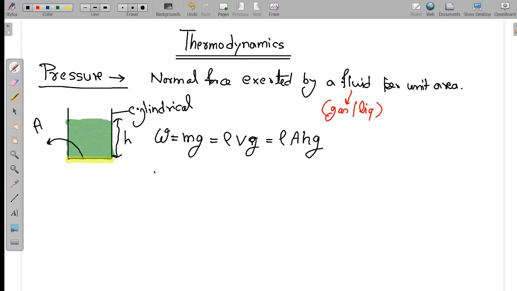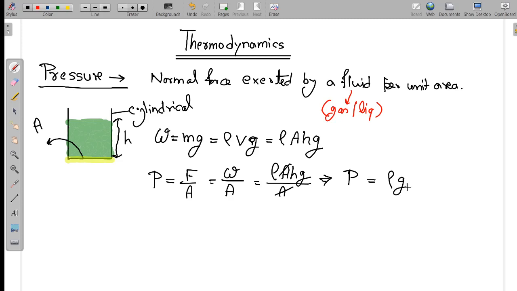Okay. So pressure P is equal to force per unit area. The cross-sectional area is capital A, and that force is equal to the weight of the liquid, so weight by A. If we put the value of weight from the equation, then rho A h into g divided by A. So A cancels. From here, you can find out that pressure is equal to rho g h.